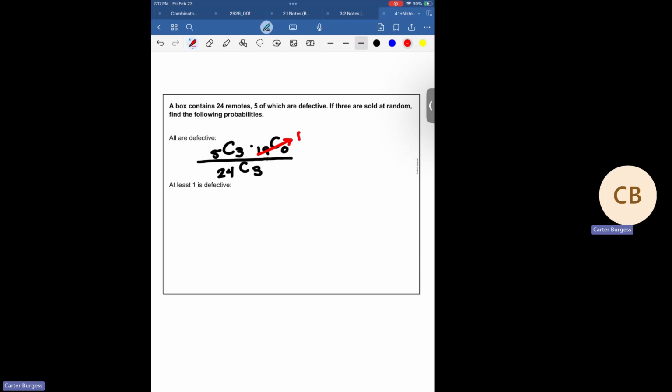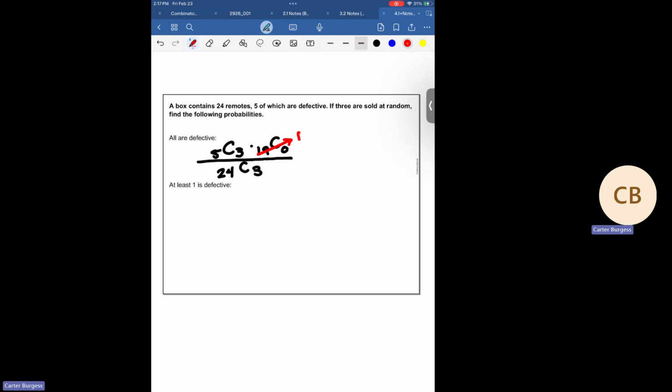Is there an outcome that both sells exactly one broken remote and also exactly two broken remotes? No. So there is no overlap. These are mutually exclusive events. Fantastic. So with mutually exclusive events, we don't need to worry about the overlap.